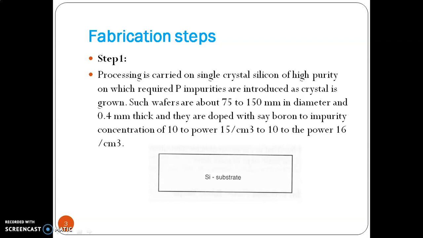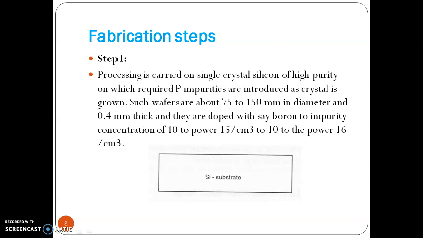For the fabrication of MOS transistor, the first fabrication step would be taking a silicon substrate. As we are going for NMOS fabrication, we will take a P-type substrate which has a doping concentration of 10 to the power of 15 per centimeter cube to 10 to the power of 16 per centimeter cube.